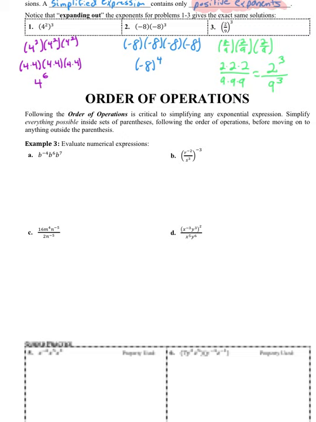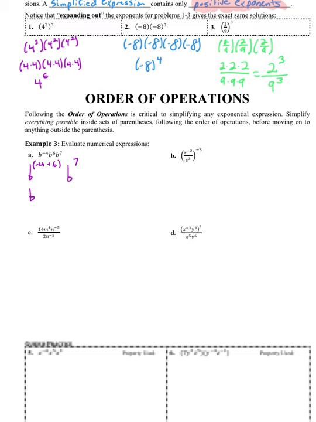So you could technically write this as b to the negative 4 plus 6. And that'd be the first thing you could do. You get negative 2. And then you could write b to the negative 2 plus 7. And you get b to the 5th. All right. That's how example A would be written.